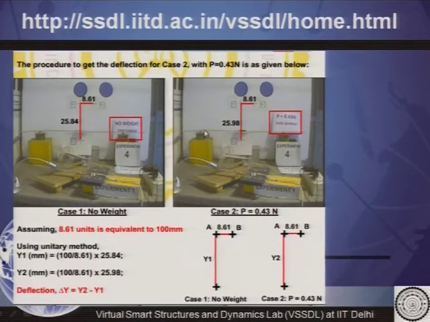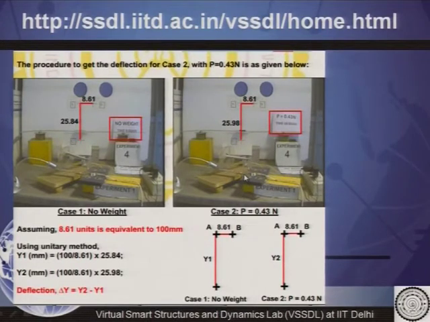Now, the beam is expected to deflect under this load and the length between C and AB is expected to increase. So, again he will relate this length with the 100 mm length and get an equivalent length which we have designated as y2 for case 2.